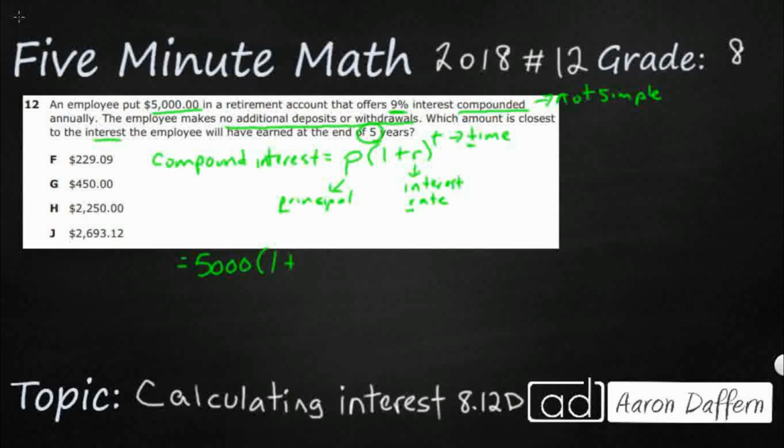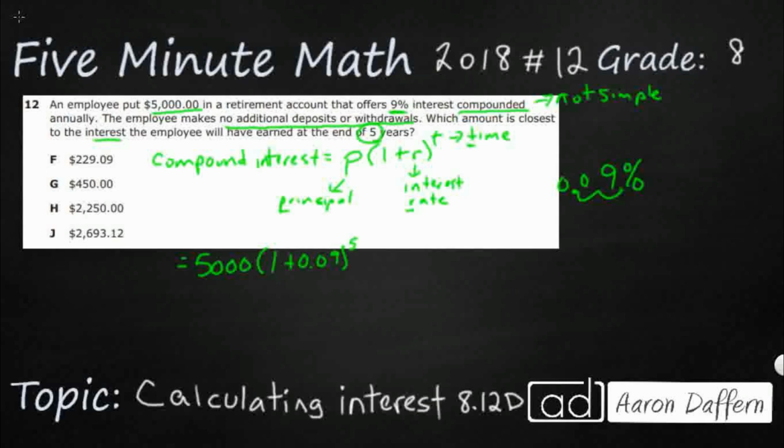You need to change the percent back into a decimal. So here's my 9%. If you don't have a decimal, it's always after the ones place. You're going to move it over once, twice. So 9% is the same as 0.09. And we're going to raise it to the power of 5.